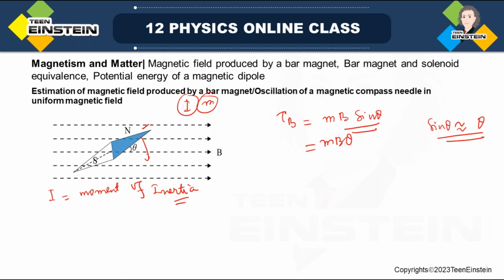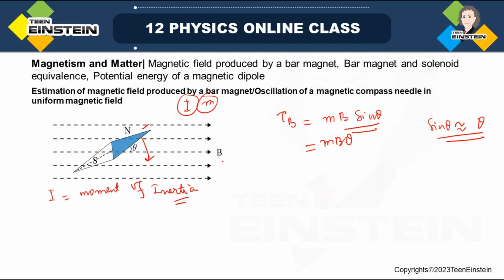Okay, so now if we disturb it, it will oscillate. If we rotate it by a certain angle from this theta, it will start oscillation in the uniform magnetic field, and oscillation requires a restoring torque, isn't it?